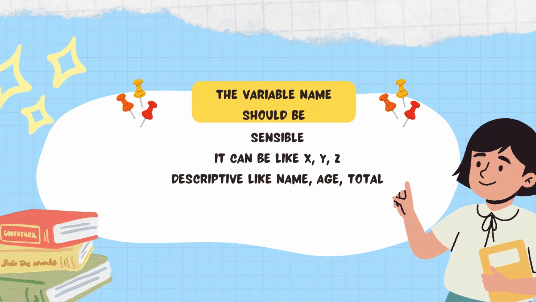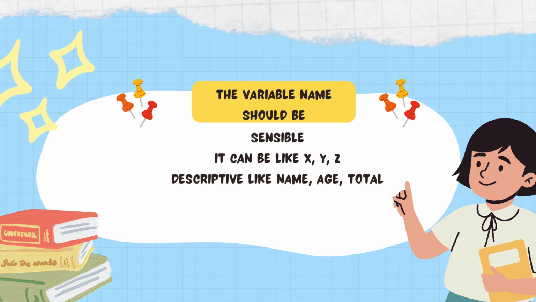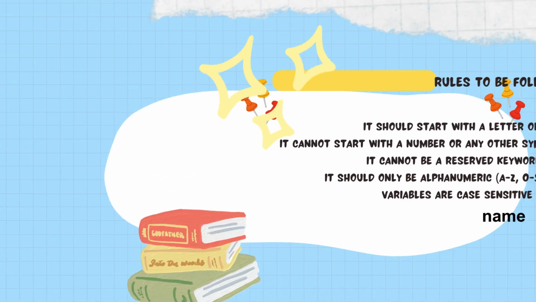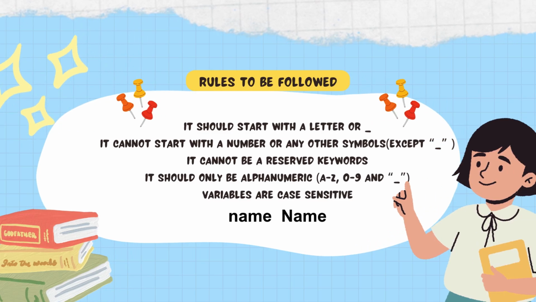The variable names that we create should be sensible. The variable names can be short like x, y, z, or more descriptive like name, age, total, etc. There are some rules to be followed while creating a variable name. A variable should start with a letter or an underscore character. It cannot start with a number or any other character except underscore.